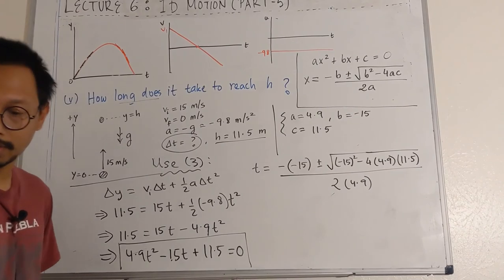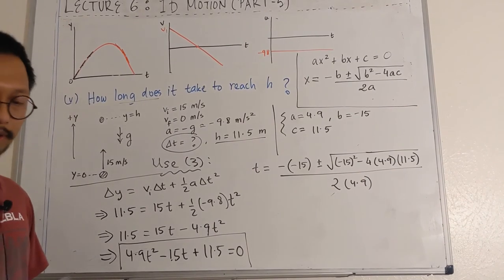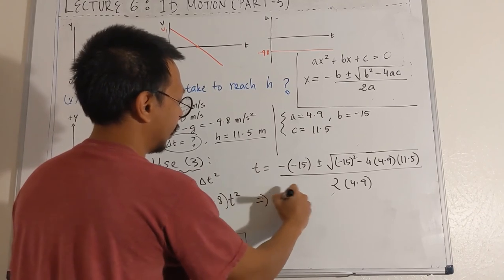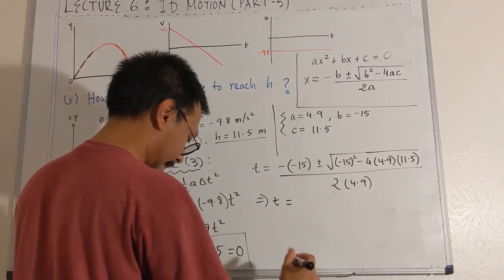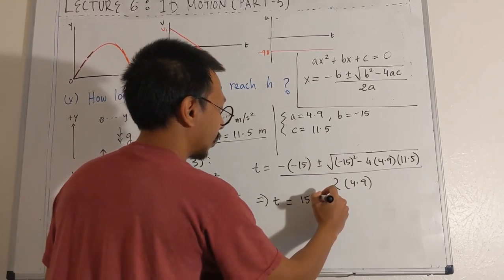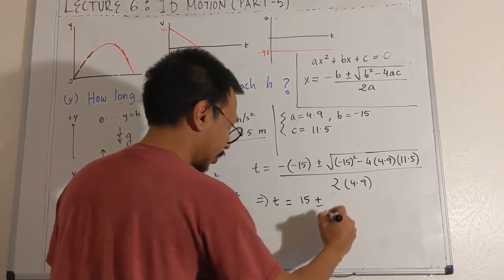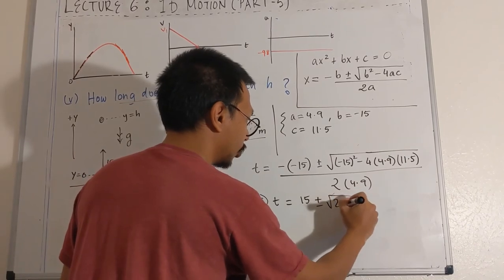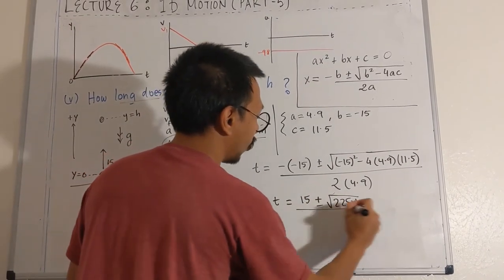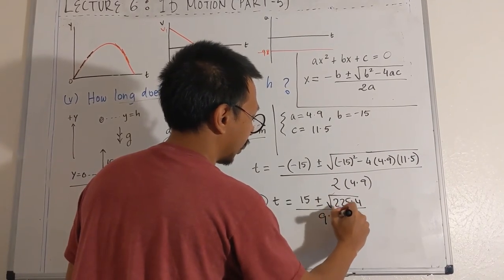So if we do that, we end up with t equals 15 plus minus square root 225.4 over 9.8.